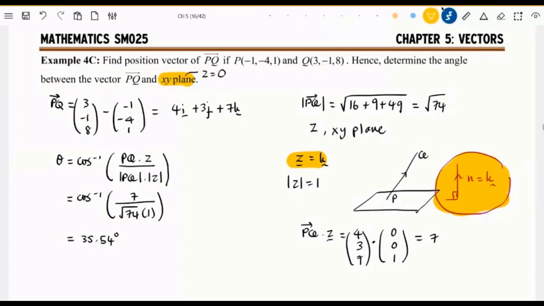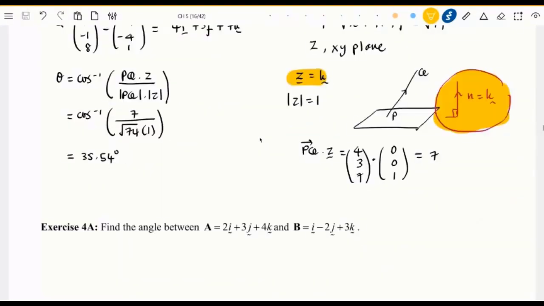Tapi untuk plane, Z tu yang ada nilai. Bukan XY tu yang ada nilai. Okay? Alright, so that one is 4C. Shall we proceed? Yes, Miss. Okay, alright. So that one 4C done.